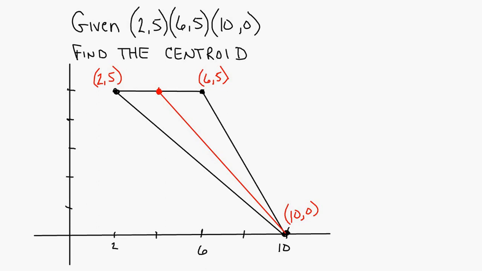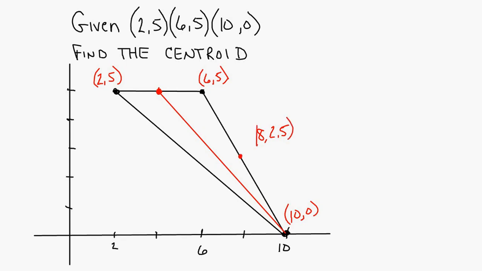So it's going to be 8, and then the y's. What's 5 plus 0? 5. Divided by 2? 2.5. So 2.5 is the middle of this side right here. There's the middle of that side of the triangle.